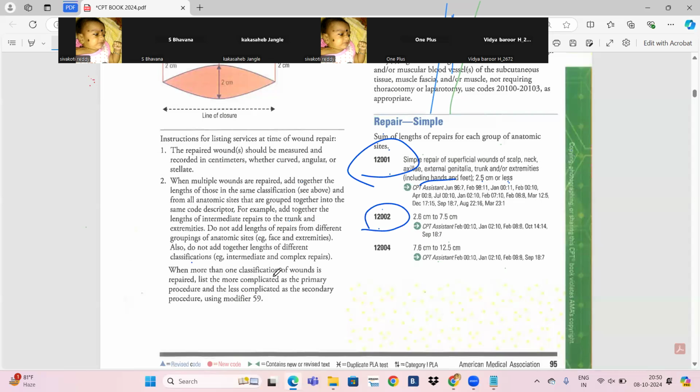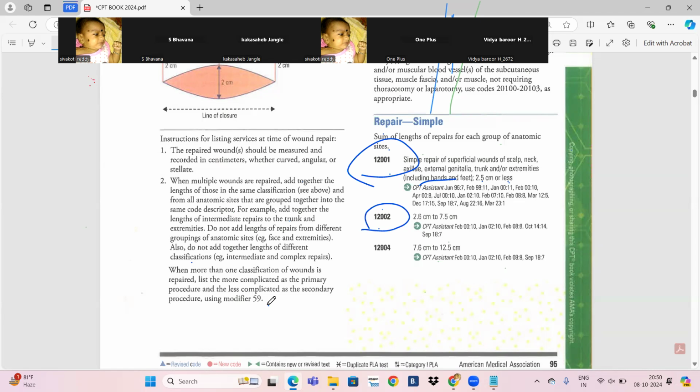When more than one classification of wound is repaired, list the more complicated as the primary procedure and the less complicated as the secondary procedure using the 59 modifier, which means they did multiple lacerations. Which one is more complicated? Code that as primary, and code the lesser one as secondary along with 59.